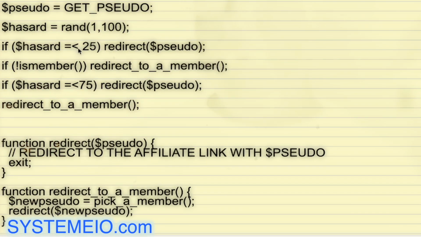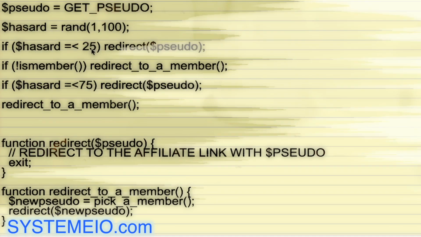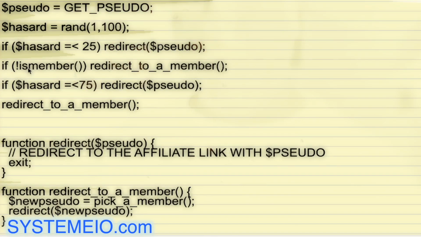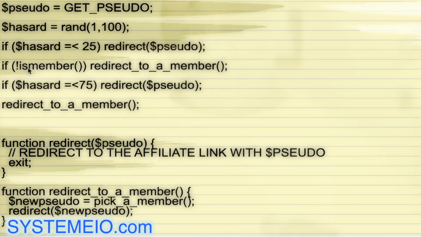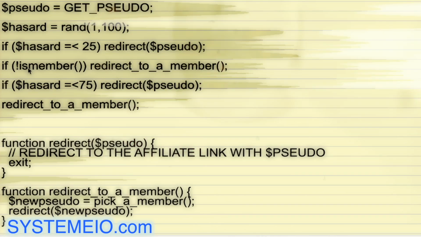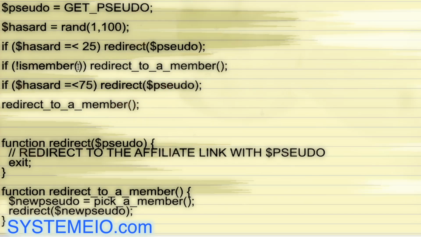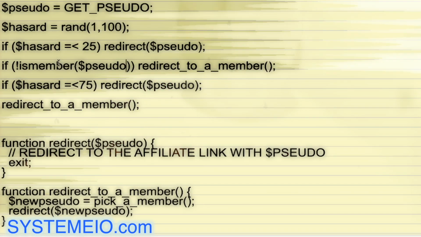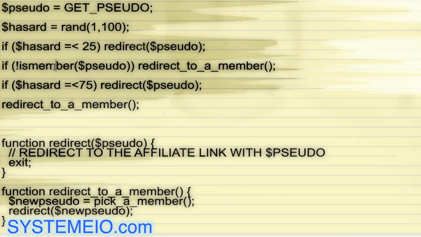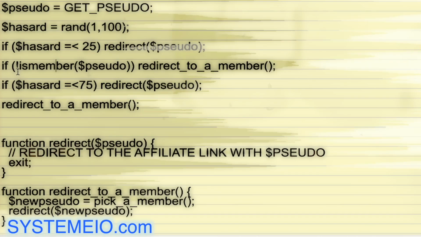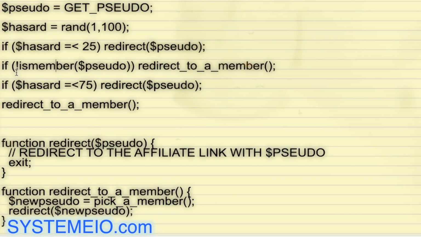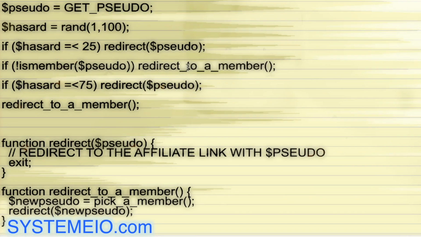But if it's not equal to or less than 25, then at this stage we need to find out if this affiliate ID is one of the members. So you will do a function isMember by giving the pseudo to the function, and it will return true or false. And this sign, the exclamation mark, means the contrary. So if it is not a member, then you redirect to a member.